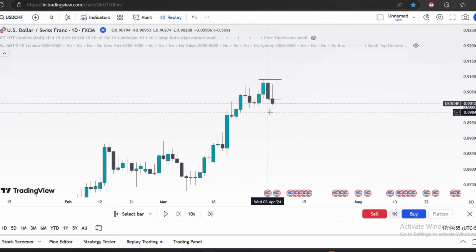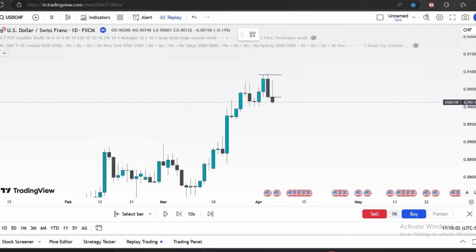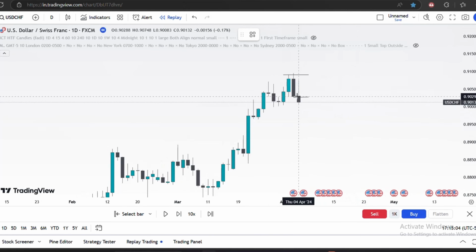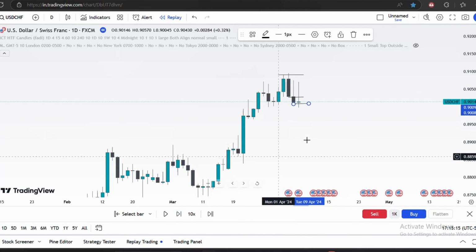We could see that it came for that low. Since this one took the low and closed, because it is a bearish candle, how does a bearish candle form? They open here, they form a high, and they close here, right? So it closed here. So we expect the next candle to come for this low. We came for that low.